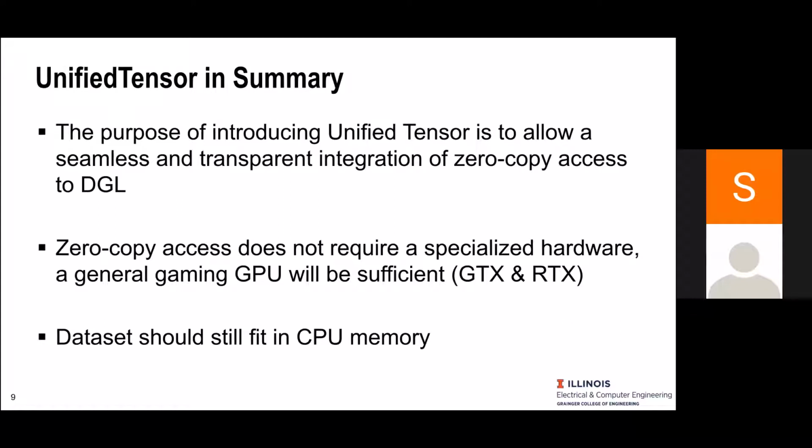So even most regular desktop users can benefit from this approach. But still, third, the dataset should fit into CPU memory, because the GPU cannot access those stores directly yet.